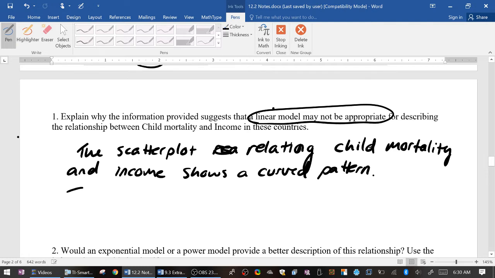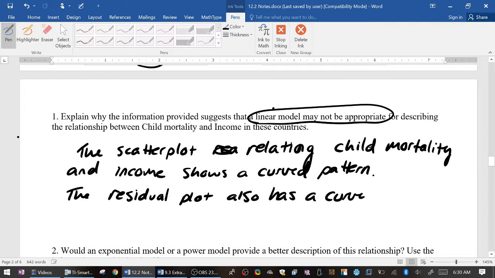And we could say the residual plot also has a curve pattern. So why a linear model won't work? Because it's not linear. All right, number 2.